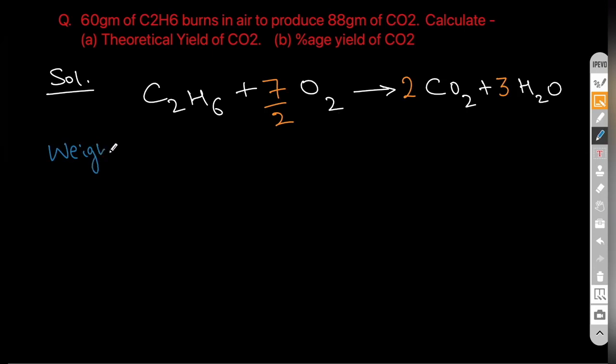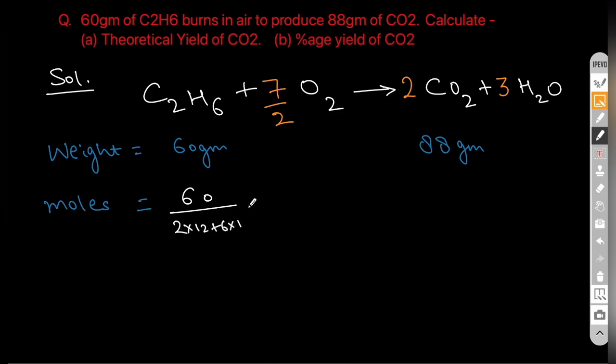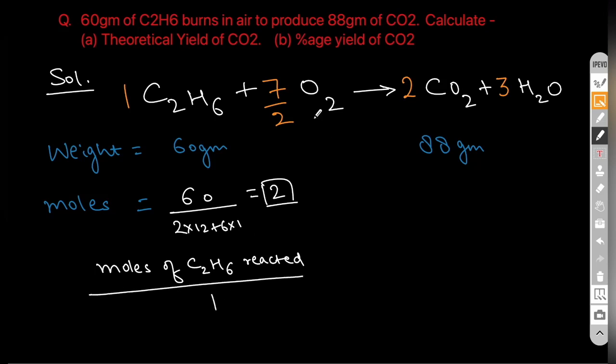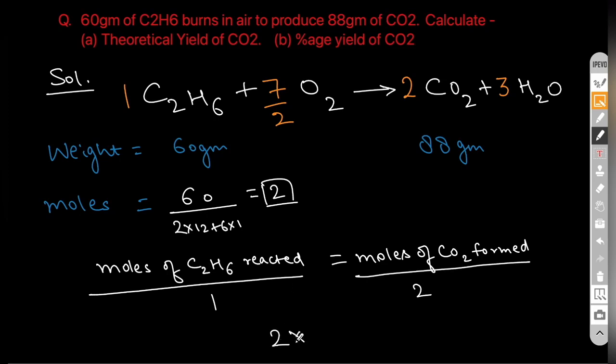Now the weight given for C2H6 is 60 gram and weight of CO2 formed is 88 gram. Now moles for C2H6 is 60 divided by 2 times 12 plus 6 times 1, which is 2. Here 1 is the stoichiometric coefficient, so we'll write moles of C2H6 reacted divided by 1 should be equal to moles of CO2 formed divided by 2, which is the stoichiometric coefficient for CO2.